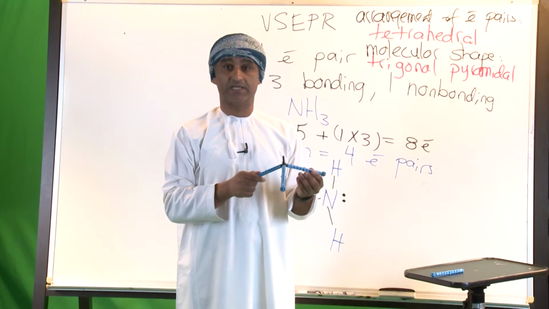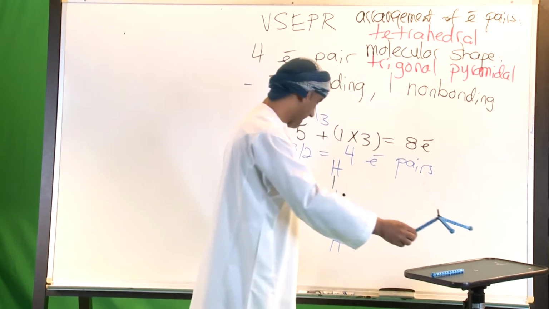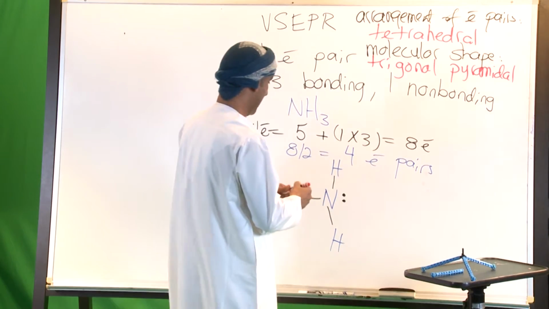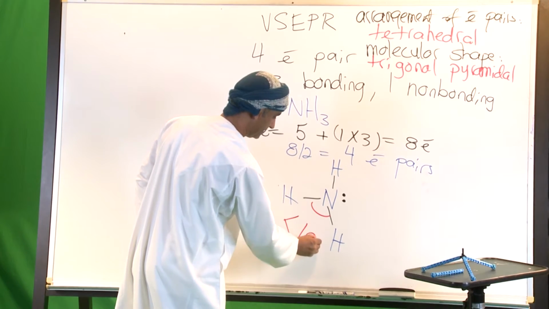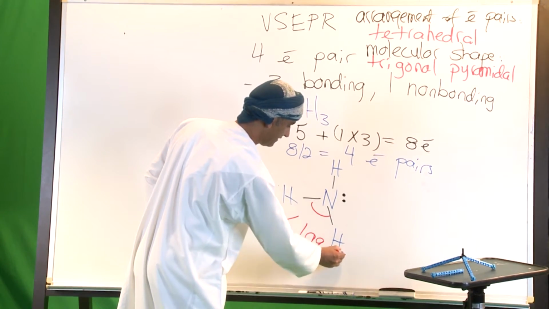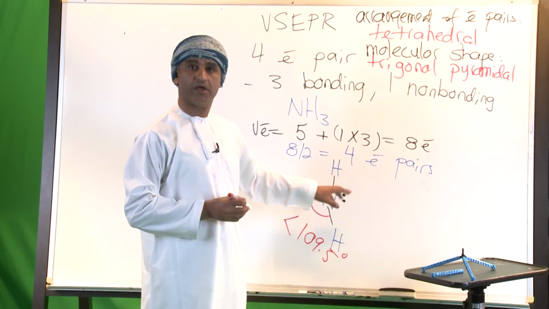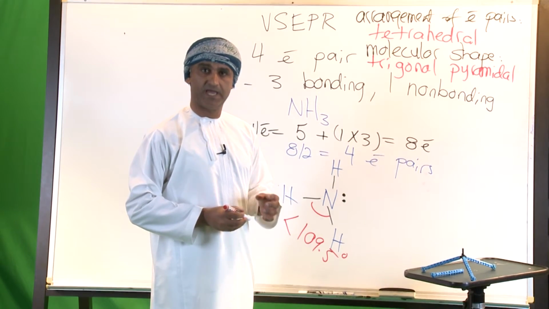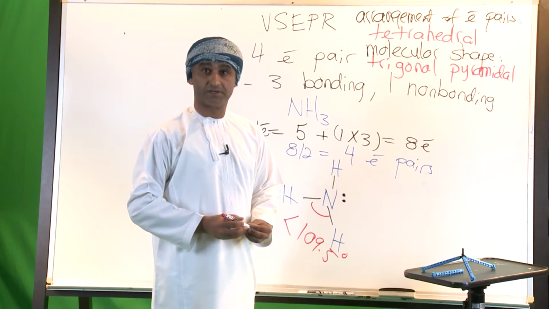It is found, in fact, experimentally to be 107. So the bond angle is scientifically or accurately represented to be less than 109.5, and that's to account for the lone pair, which occupies space, and the idea is to minimize electron pair repulsions.